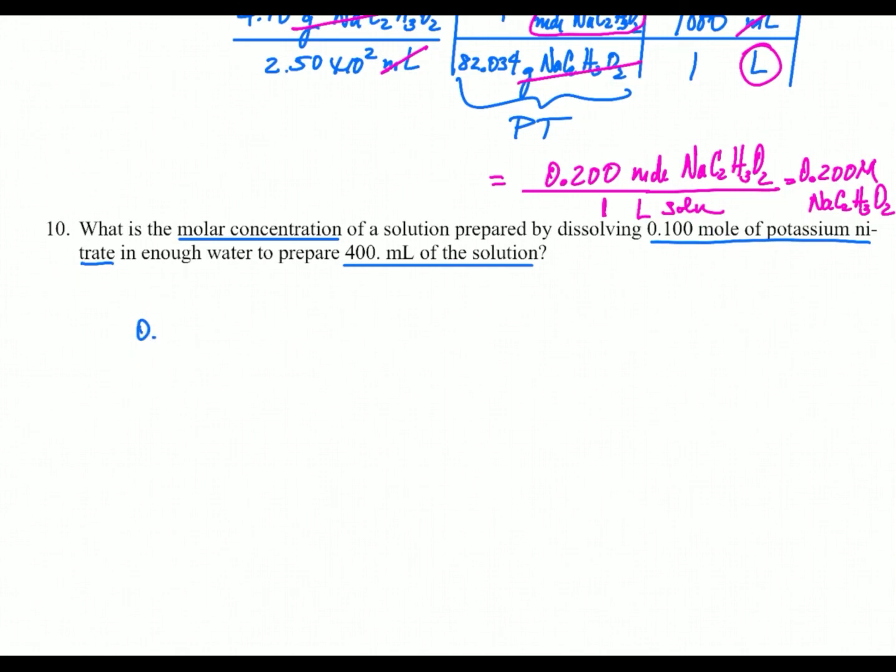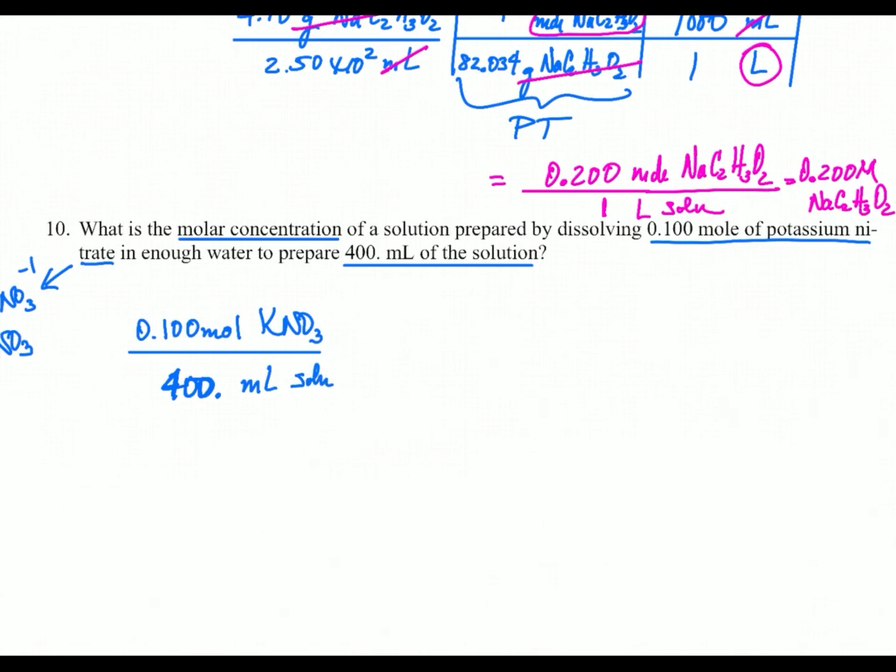So set it up as a concentration, 0.100 moles of potassium nitrate. Total volume will be 400 with a decimal point so that you have 3 sig figs milliliters of solution, and that is moles per milliliter.